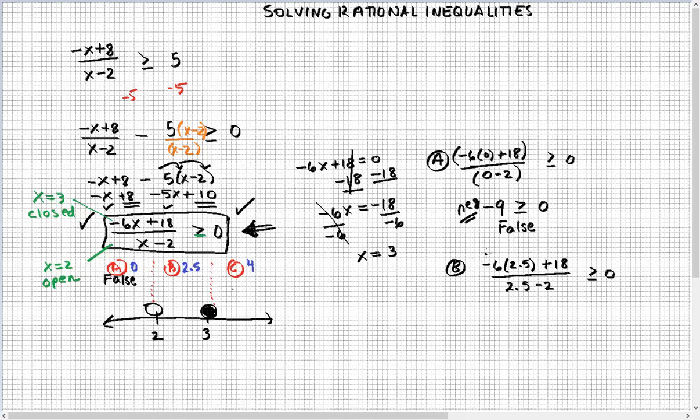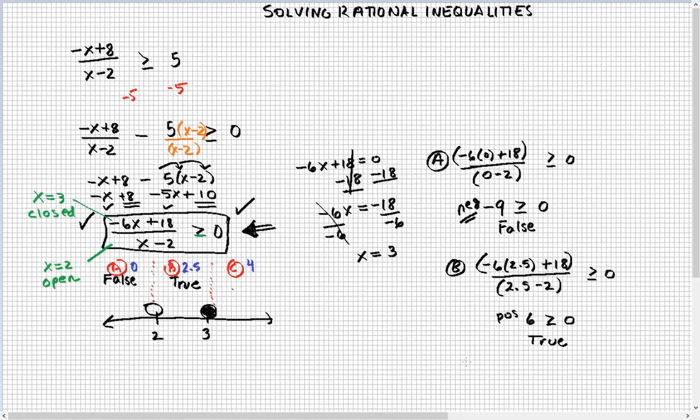Once again, make sure you use your parentheses and type it in your calculator. You want to test yourself, make sure you can type this in correctly. So go ahead and pause the video. Well, I got a 6 on my calculator, so is 6 greater than or equal to 0? Is a 6 a positive number greater than or equal to 0? And that is true. So for region B, I have a true.